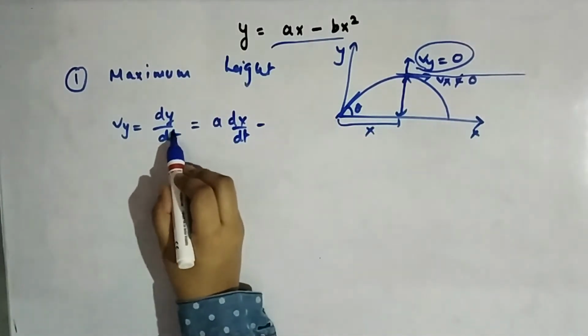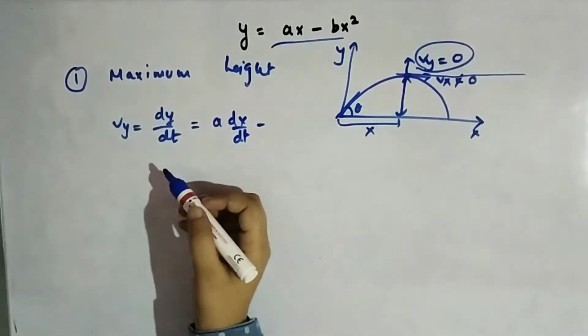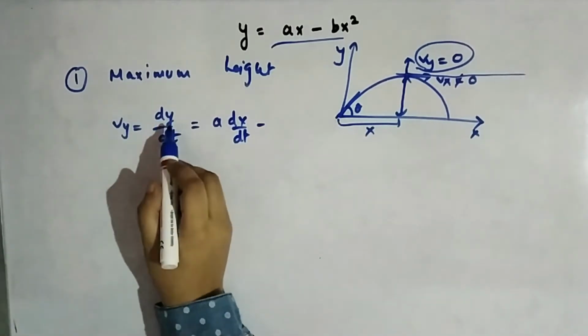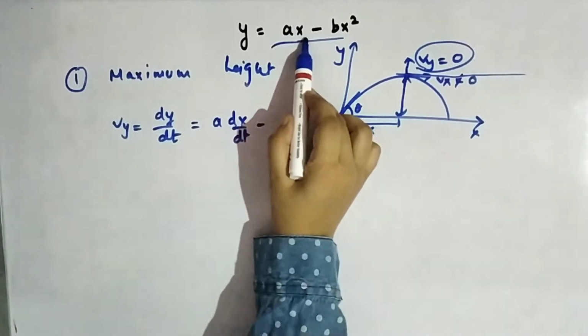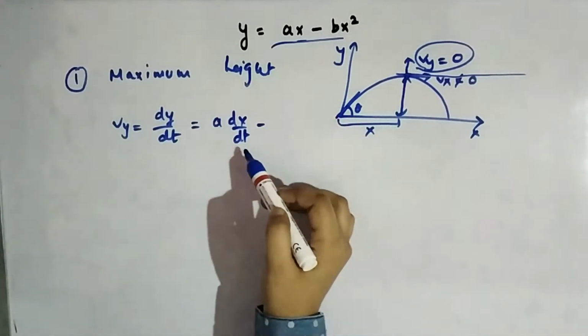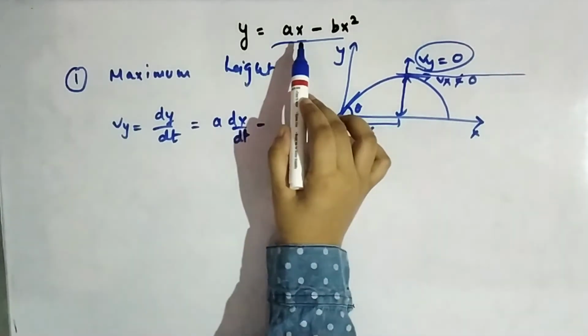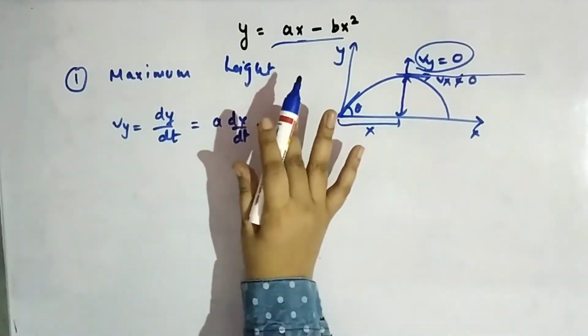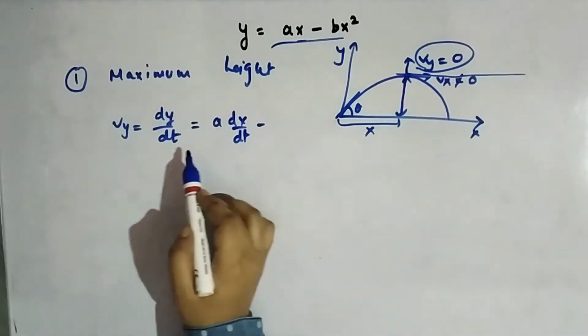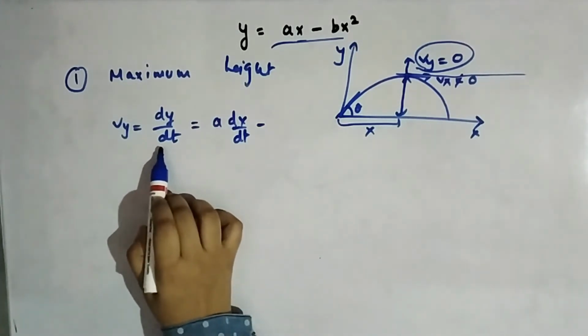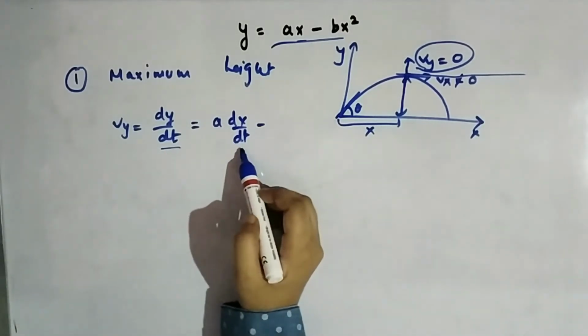Now t is the variable. With respect to t we are finding the variation of y. So we will differentiate with respect to t, not with respect to x, because x is itself a variable.